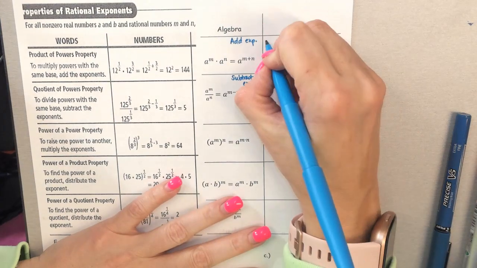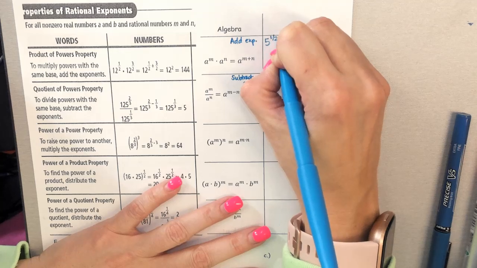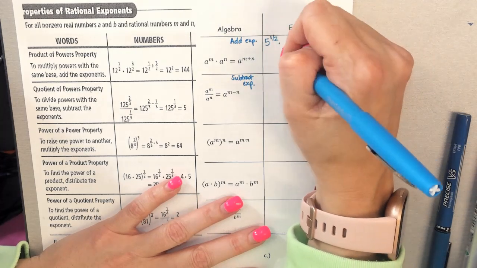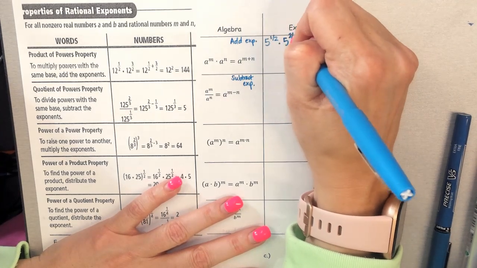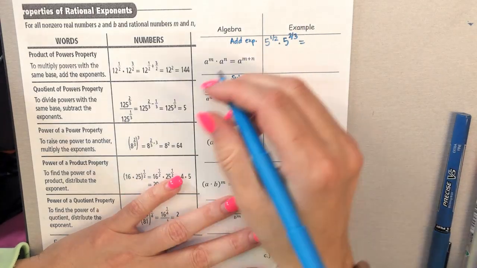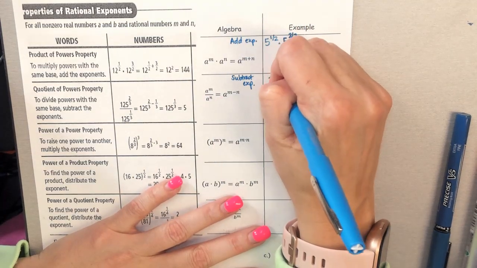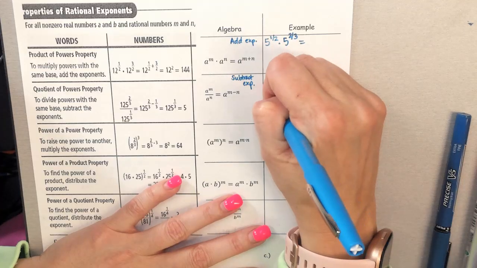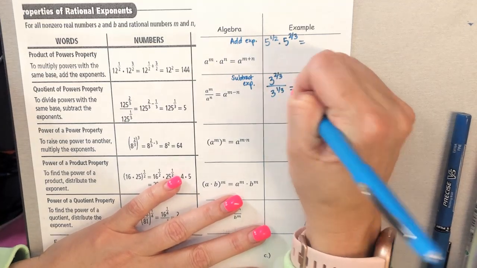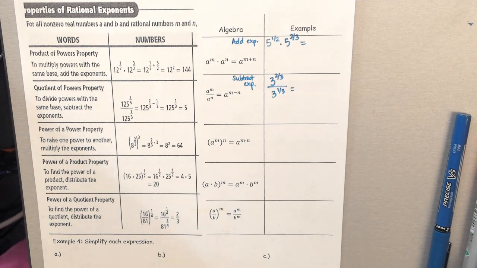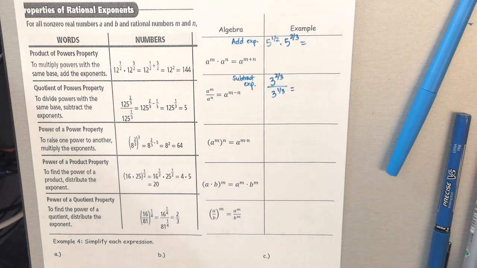Okay, so we're going to do an example. 5 to the 1/2 times 5 to the 2/3. And 3 to the 2/3 divided by 3 to the 1/3. Okay, so I want you to set up the first step for each of those. You have the addition, you have the subtraction.